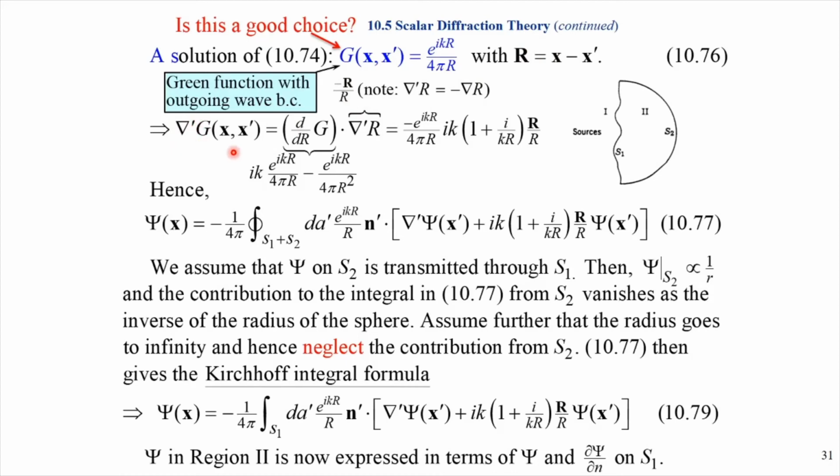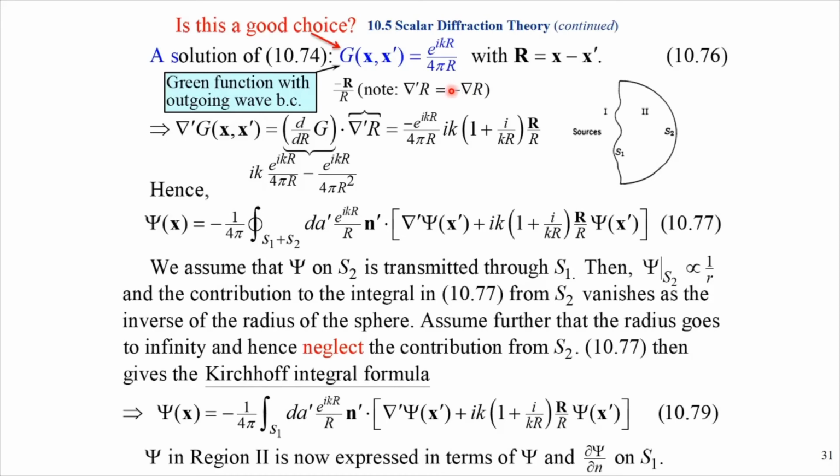The gradient prime of G gives us dG/dR times gradient prime R, and gradient prime R is the same as the gradient, because one changes with x prime, the other changes with x. They differ by a minus sign.